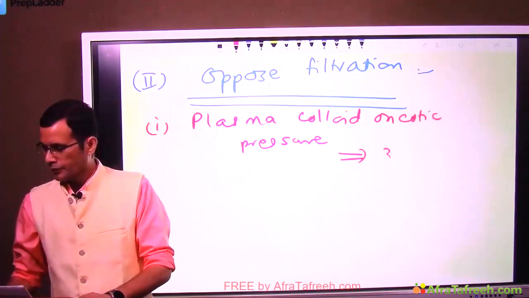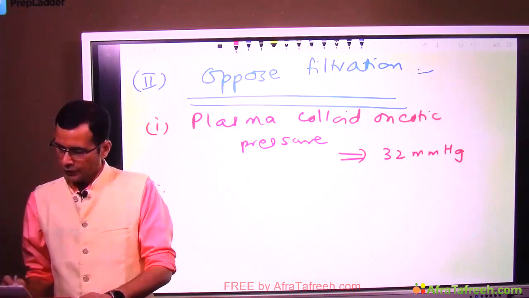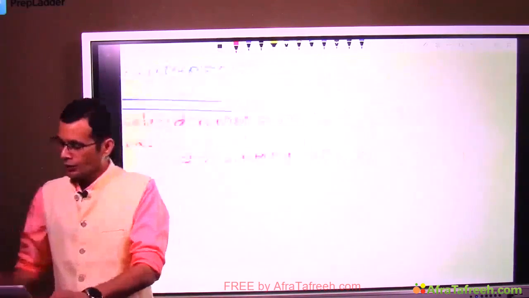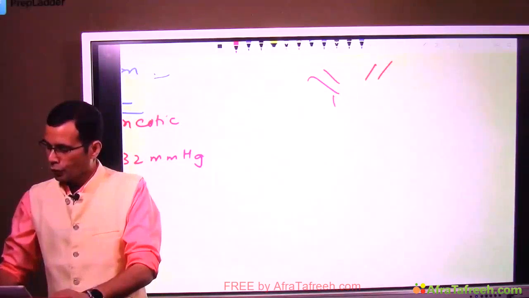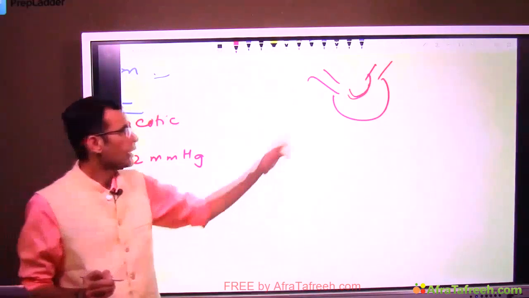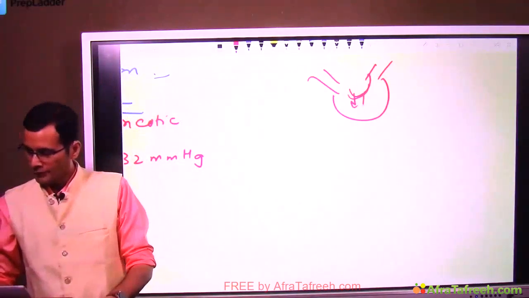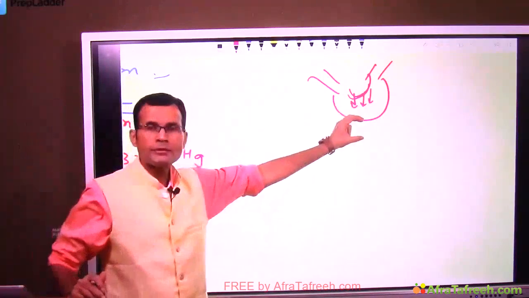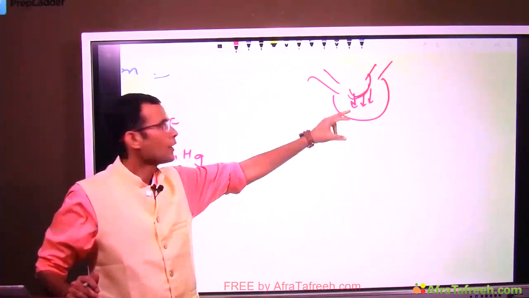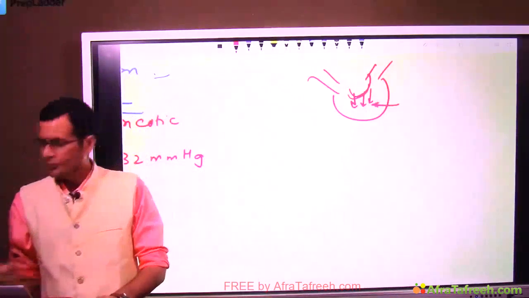It is 32 mm of Hg. And the other one is, in the case of the glomerulus, when the filtration happens, the fluid comes into the Bowman's capsule and accumulates there.